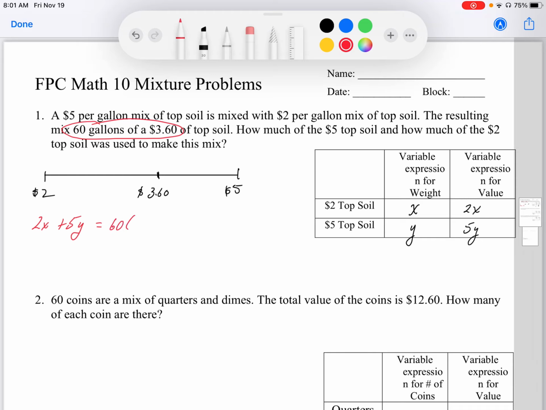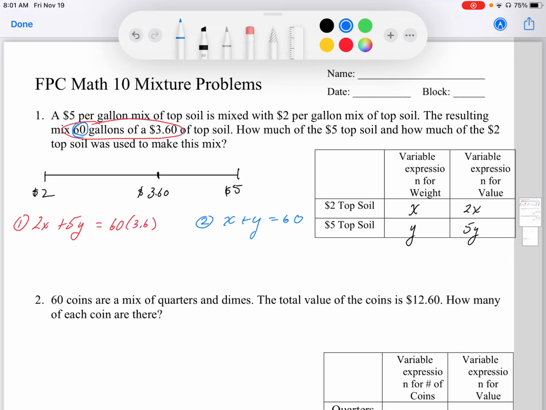That's going to be one relationship. I have a second relationship: I know that the total amount of topsoil, or x plus y, is going to be equal to 60 gallons. So there's our second equation.